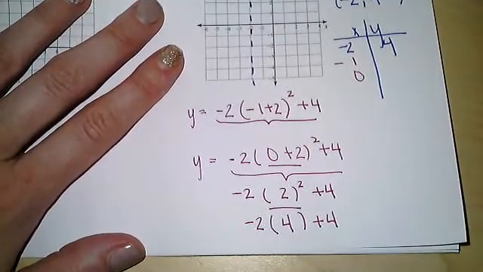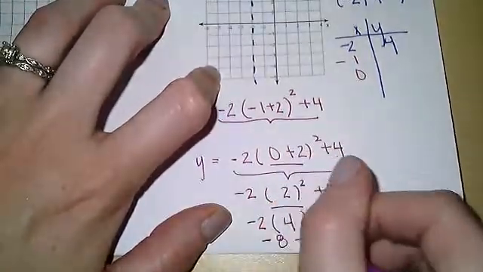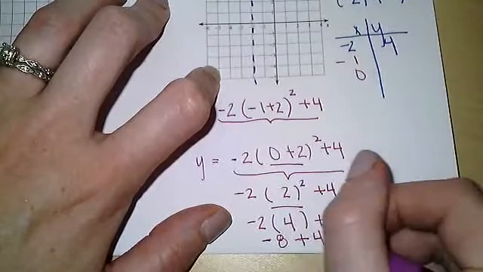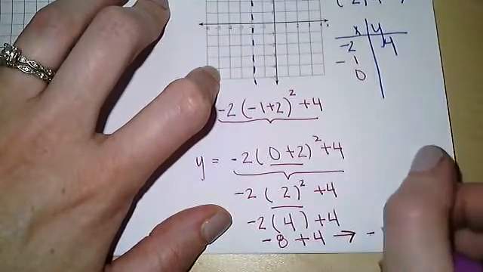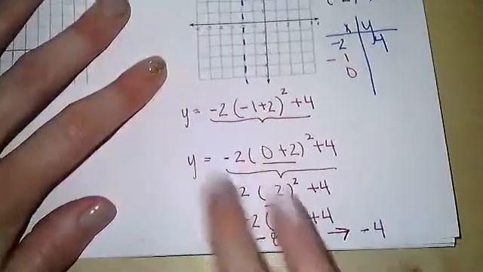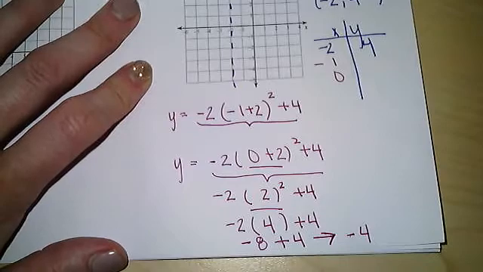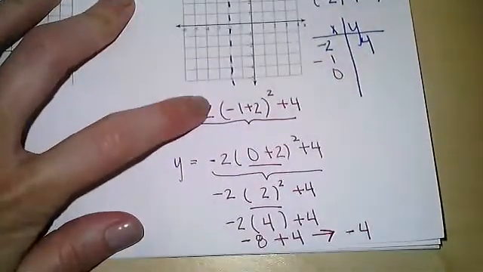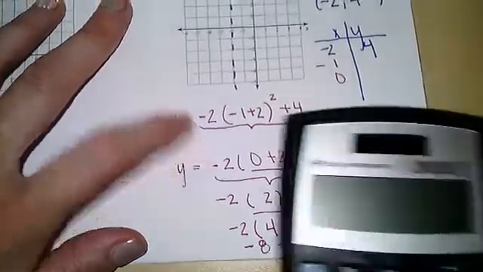So -2 times 4 is -8. And then add 4 to that, and that will be, just draw a little arrow, -4, which we could check in our calculator as well. So we'll go ahead and enter this one in our calculator and then this one, and make sure we get that -4 for the second one.